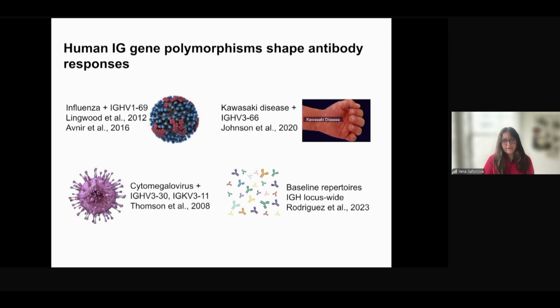There are various associations between polymorphisms in specific immunoglobulin genes and responses to viral diseases, to predisposition to some other diseases, and even the way our baseline antibody repertoire looks, because there were multiple studies showing that germline variations can provide very different starting sets of antibodies.